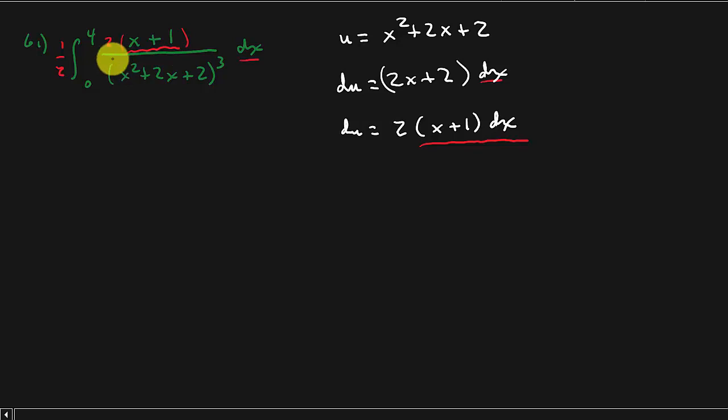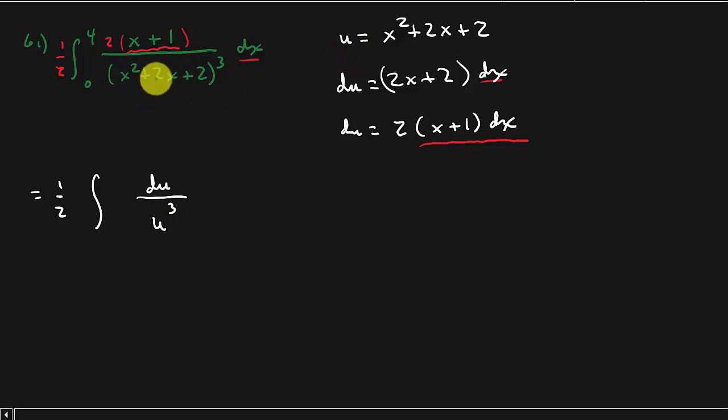And now the 2 times x plus 1 dx, I can replace with du. So this is going to give us 1/2, and let's put the du over u cubed. So the u I'm putting in there.